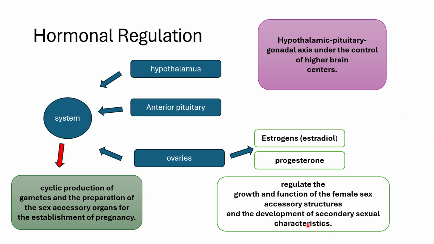Now, although these are the main two produced by the ovaries, there is a regulation from superior centers. In this case, there is the axis called the hypothalamic pituitary gonadal axis. So what that means is that the hypothalamus has control over the anterior pituitary, and the anterior pituitary has control over the ovaries, and they all have control with one another.